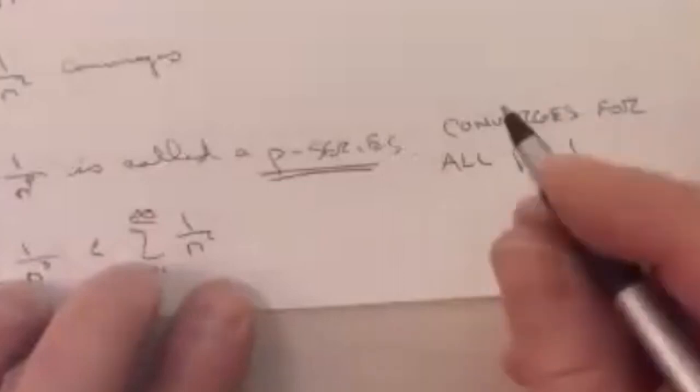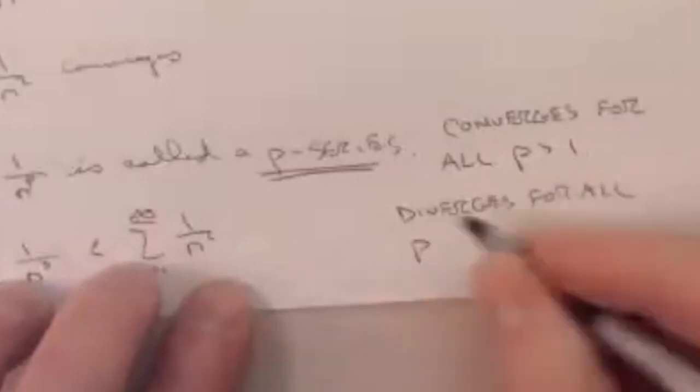It diverges for all p that are less than or equal to 1. And so that's the characterization of when a p-series converges and when a p-series diverges. And those are going to turn out to be useful to us whenever we look at other series to come.